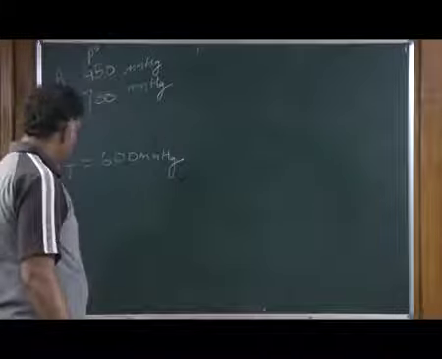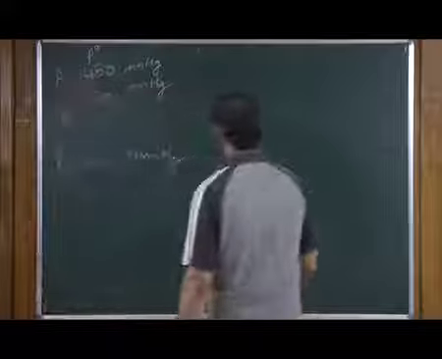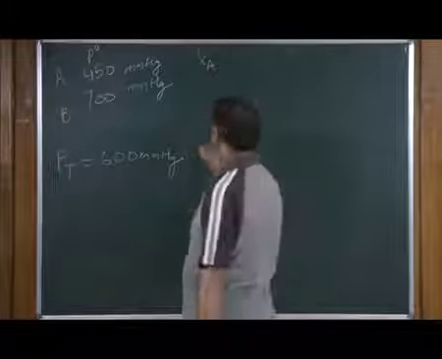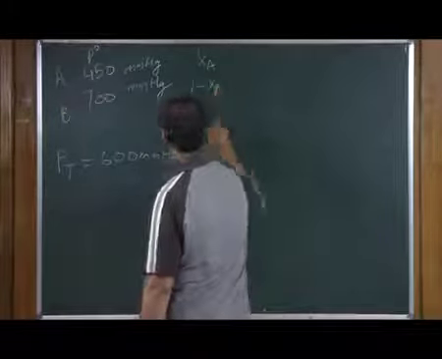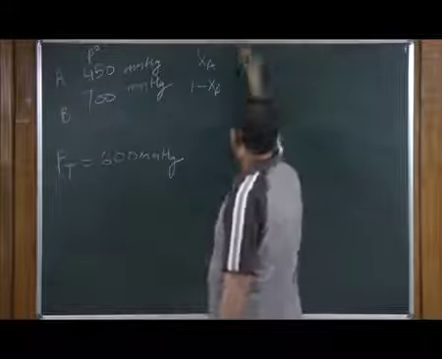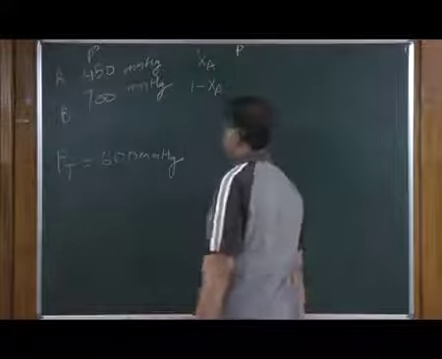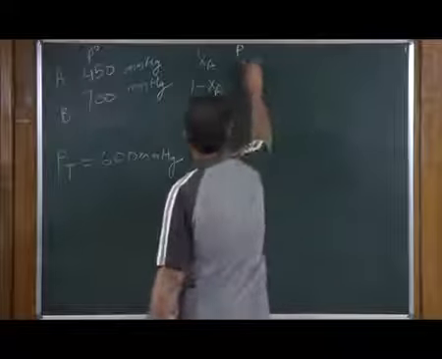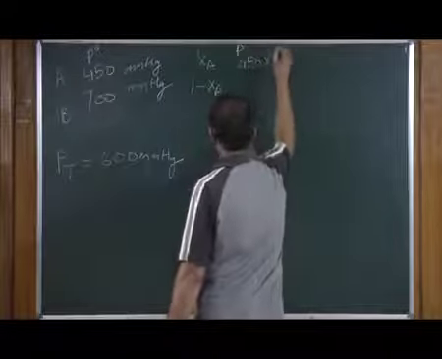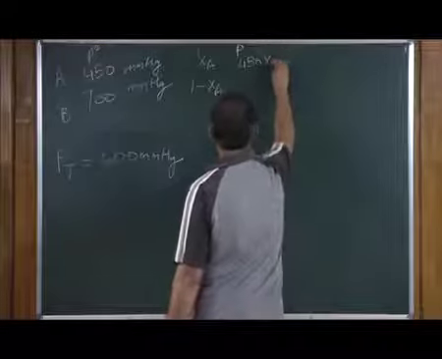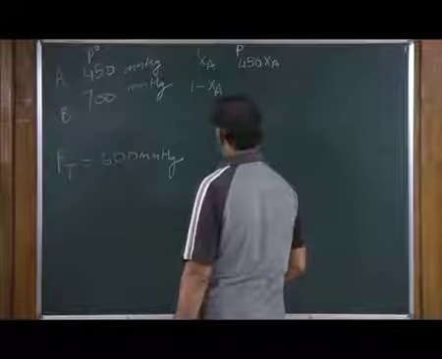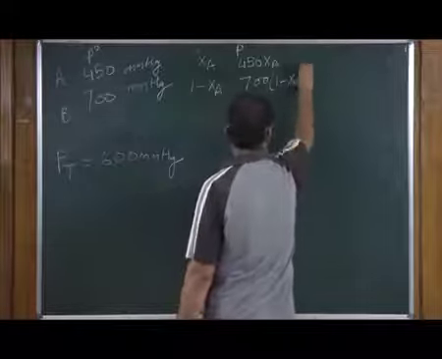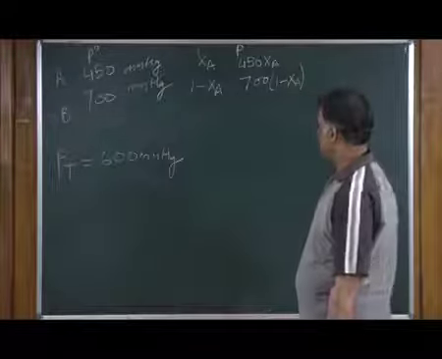Now, let us first assume in the liquid phase the mole fraction of A is X A. Then of course, the mole fraction of B is going to be 1 minus X A. Once I have the mole fraction assumed, I can write the vapor pressure of A and B in terms of X A. So, the vapor pressure of A is 450 X A and the vapor pressure of B is going to be 700 times (1 minus X A). And the question tells me the total pressure.